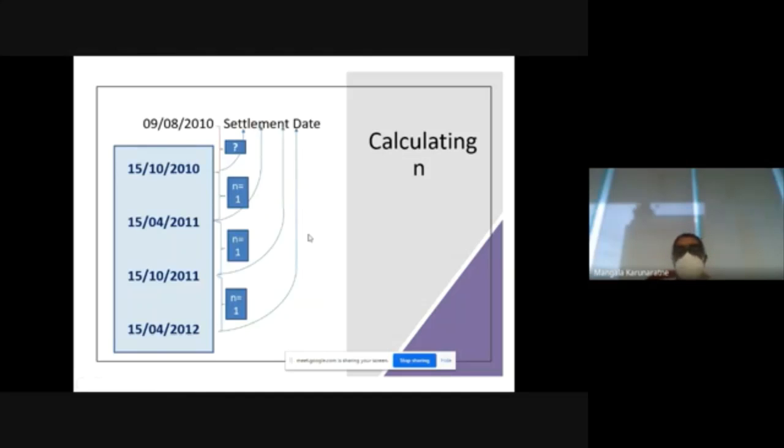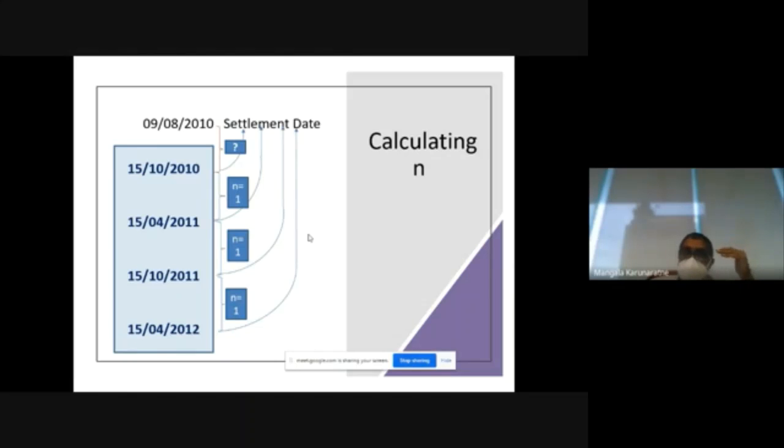So now I am further explaining this here. All these coupons are coming in the future, but we have to bring them from the future to today. Today is 9/8/2010.